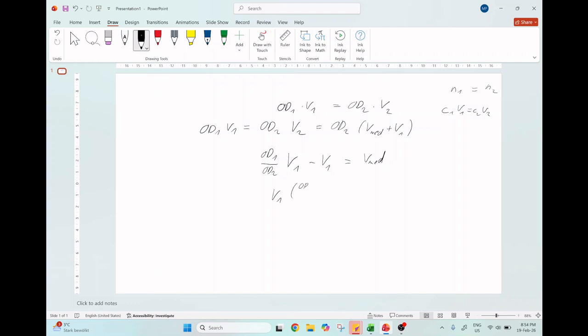So we have OD1 by this 1 equals, again, our medium that we put in the tube. And eventually we'll have V med divided by OD1 by this 1.